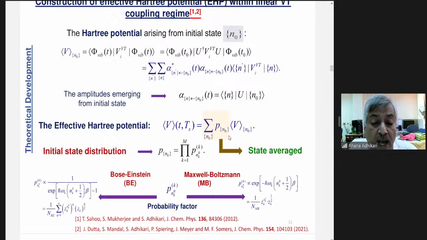For the initial configuration, you can include a distribution, and that defines the surface temperature. Now the distribution here could be Bose-Einstein.